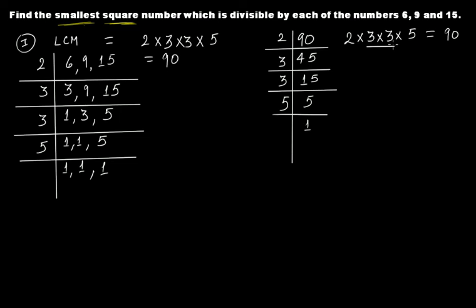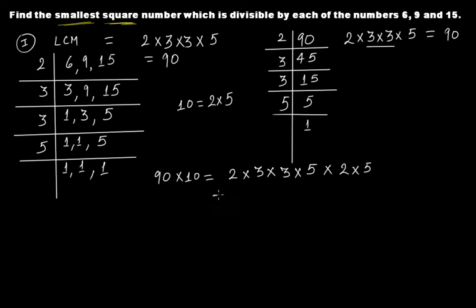So if you multiply this 90, which is 2 times 3 times 3 times 5, by 10, then 10 is actually 2 multiplied by 5, right? That can be written as 2 multiplied by 5.